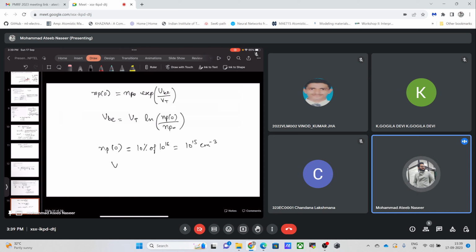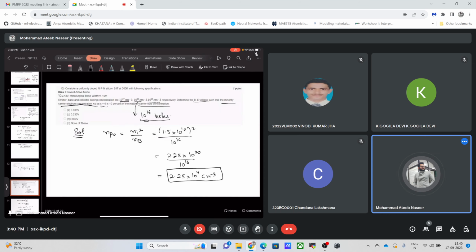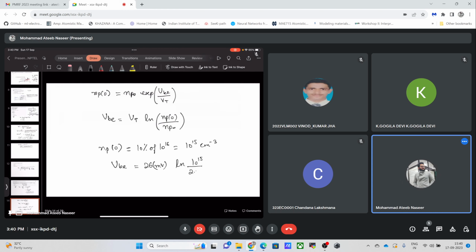So VBE is simply, VT is 26 millivolts, and Np0 is 10 to the power of 15, and Np naught was 2.25 into 10 to the power of 4.